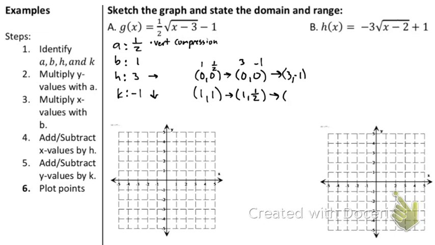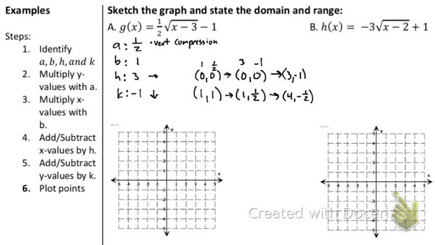and 4, -1/2, if you do the math correctly. So let's go ahead and plot those. So we have 3, -1, and we have 4, 1/2. Sorry, that's -3, 1.